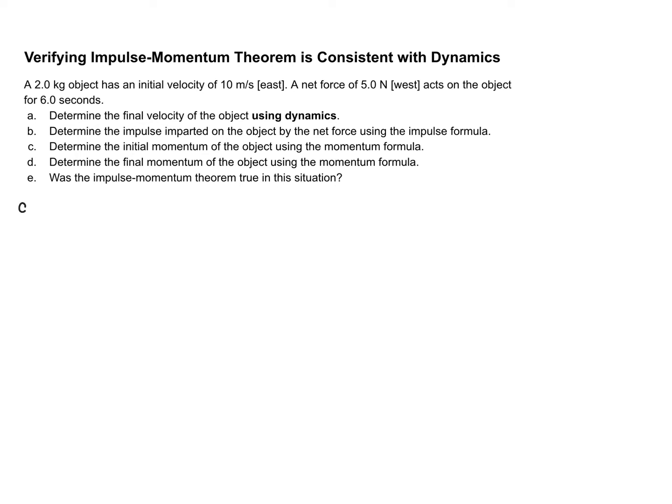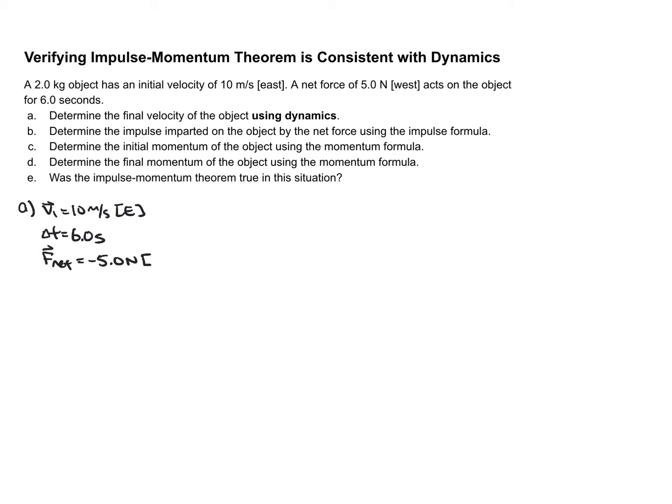In part A, they ask us to revisit Unit 1, dynamics, to figure out the final velocity of this object. So it has a starting velocity of 10 meters per second east, and at a time of 6 seconds where you have a net force of negative 5 newtons east.